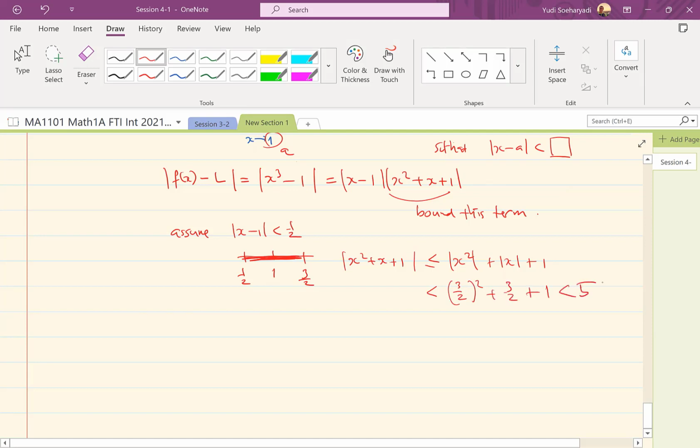So this is less than 5. We computed that already. So now that this is less than 5, we can bound it by the number 5. All right, so let's do the proof now.